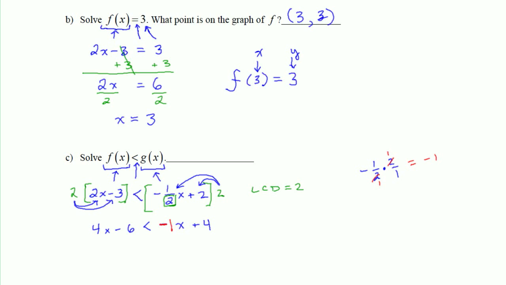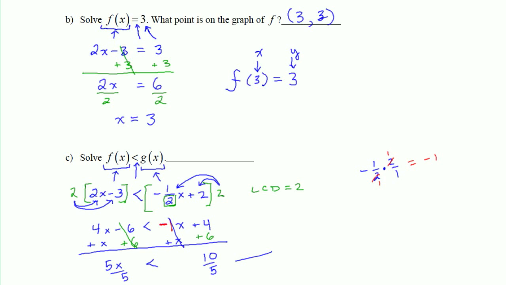Now I can finish this by getting the x terms onto the same side by adding x to both sides, and by getting my number terms both onto the same side by adding 6 to both sides. So that after moving terms I end up with 5x is less than 10, and then dividing both sides by 5.